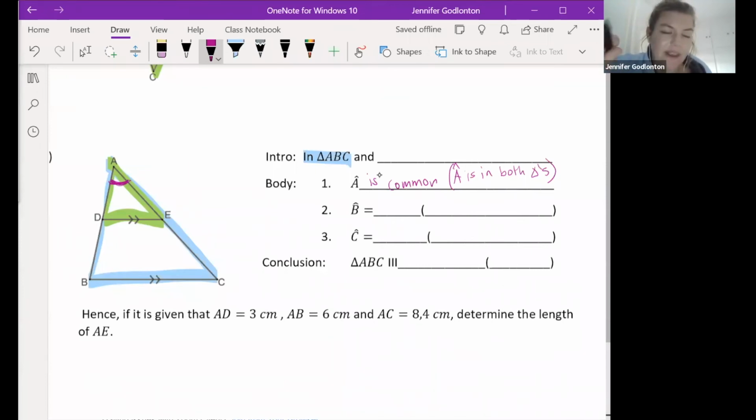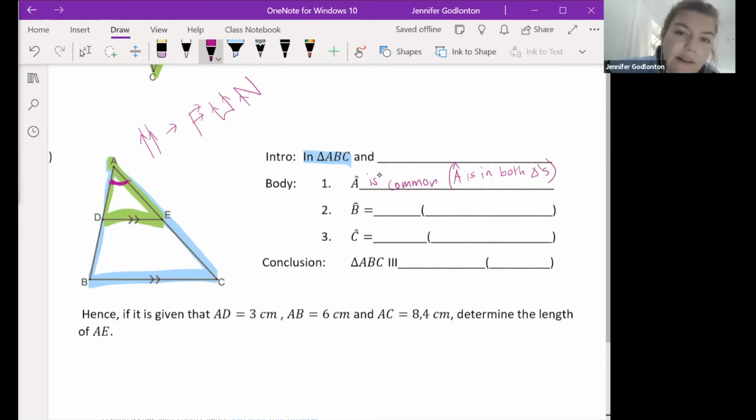Now the next thing I want you to look at is, can you say AC? We can't say AC because if we're saying AC, we're talking about a line, and we want to be talking about angles when we're in similarity. As soon as you see parallel lines, I want your brain to think of fun.